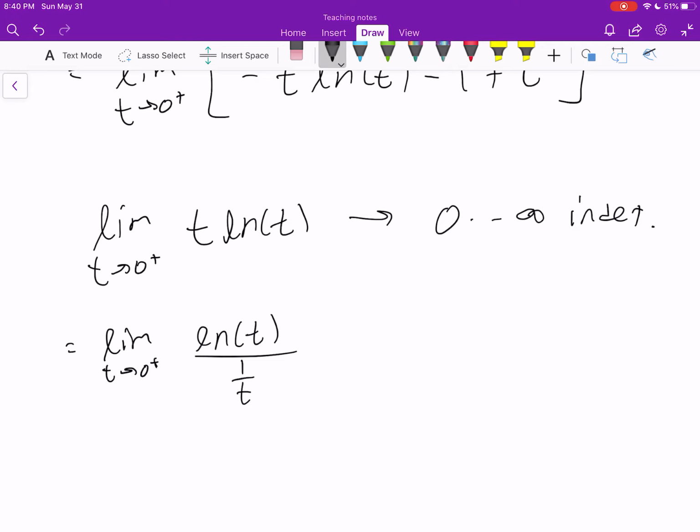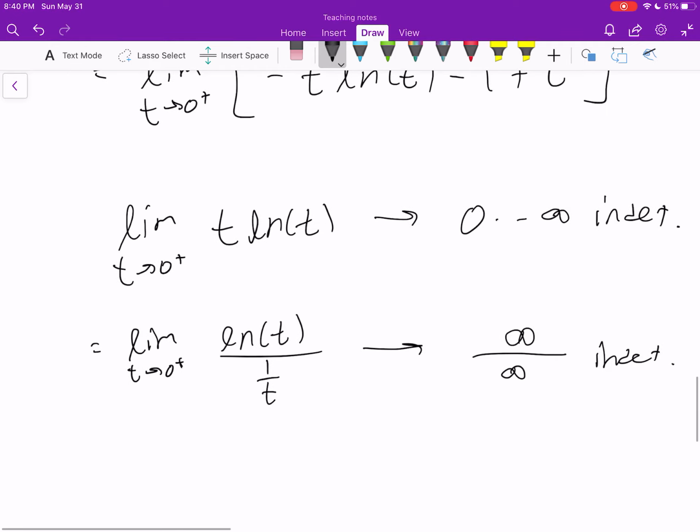So divide by 1 over t. Now we can see that this is an infinity over infinity indeterminate. As t approaches 0, ln of t approaches negative infinity, and 1 over t approaches infinity. You can stick a minus sign in there if you want, it doesn't matter.